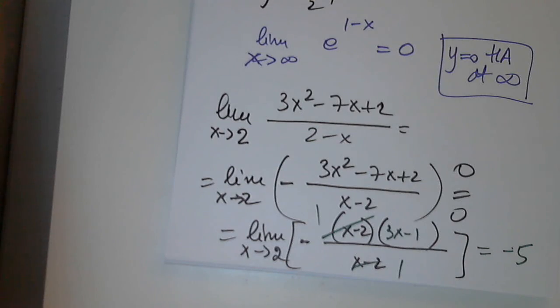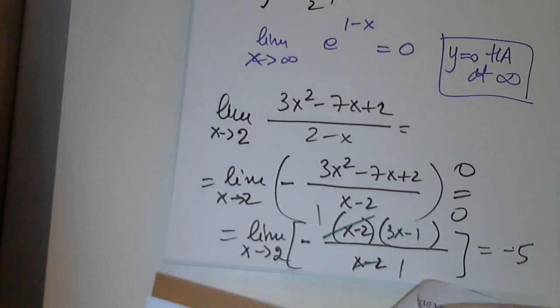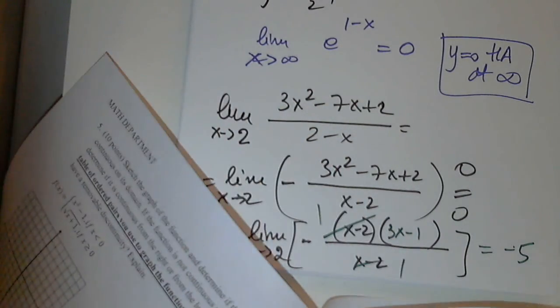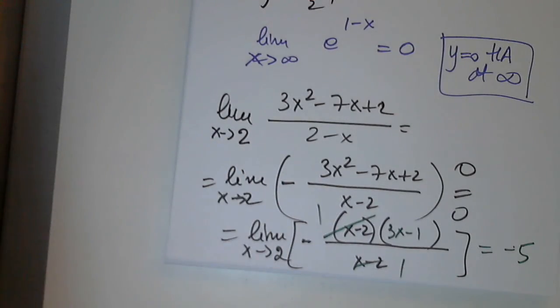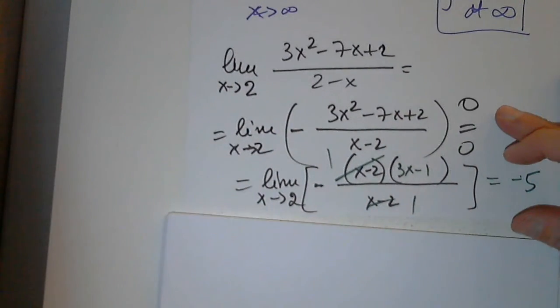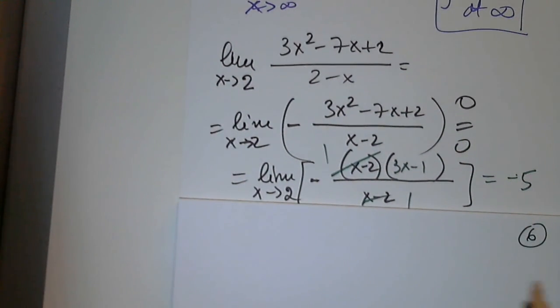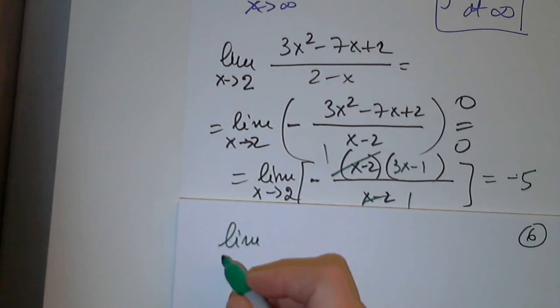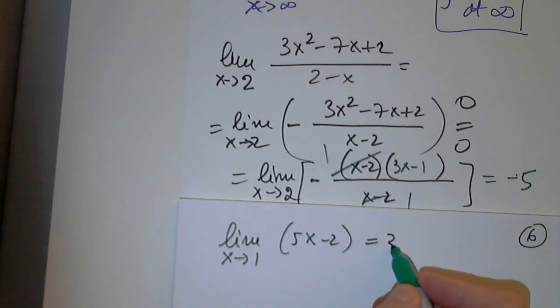Number 9. Very good. So we have the limit as x approaches 1 of 5x minus 2, and they say it's 3.